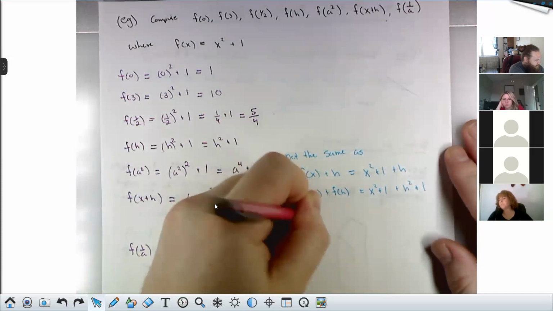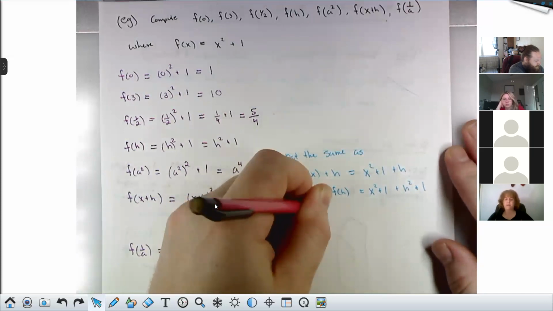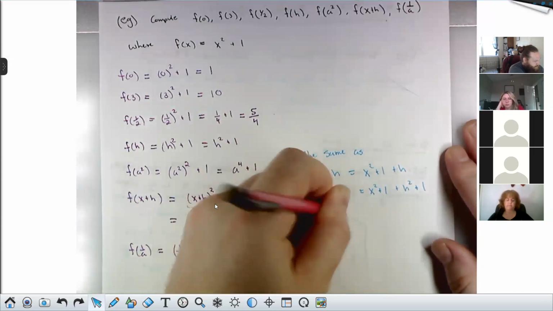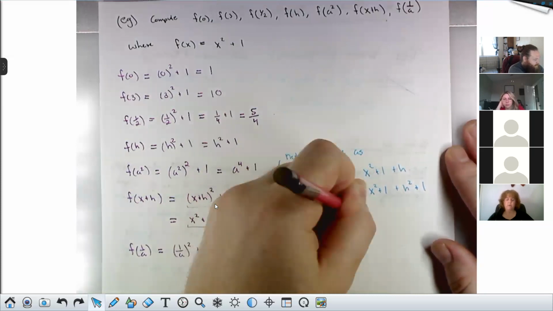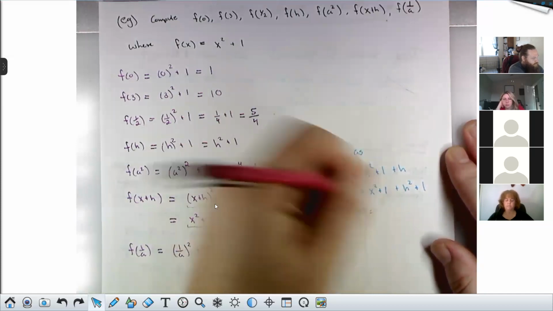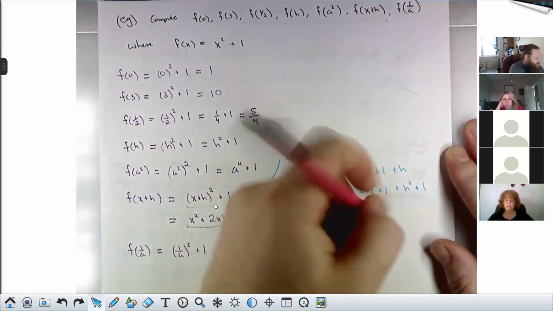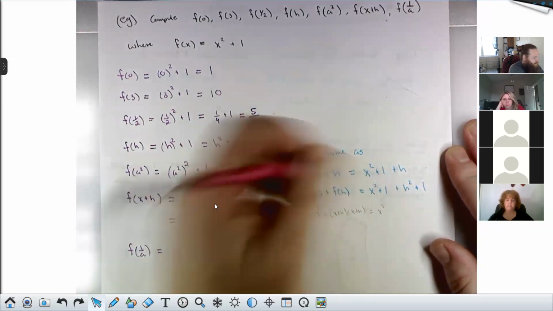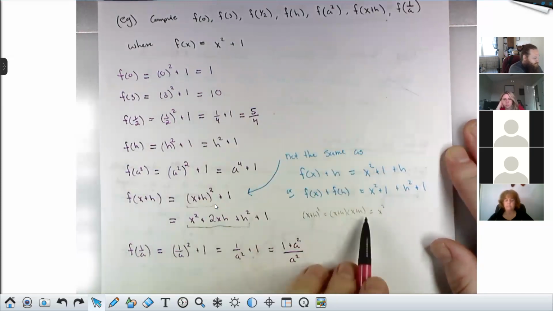So if we look at x plus h squared, that's x plus h times x plus h. And then if you do the normal FOIL thing, your firsts are x squared. Your outers are x times h.